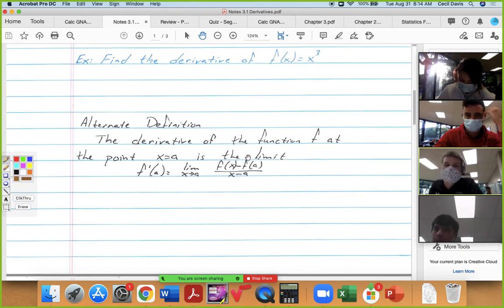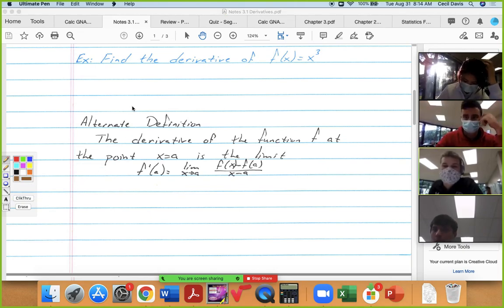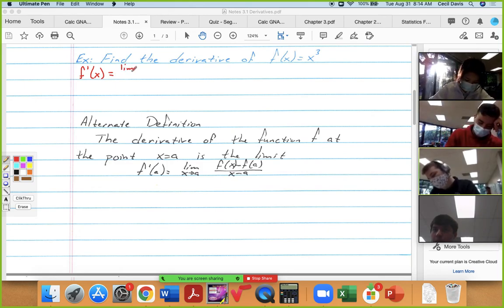All right, so let's find the derivative of f of x equals x cubed. We're going to find a general formula for it rather than at some point. So f prime of x is the limit as h goes to 0 of f of x plus h minus f of x all over h.